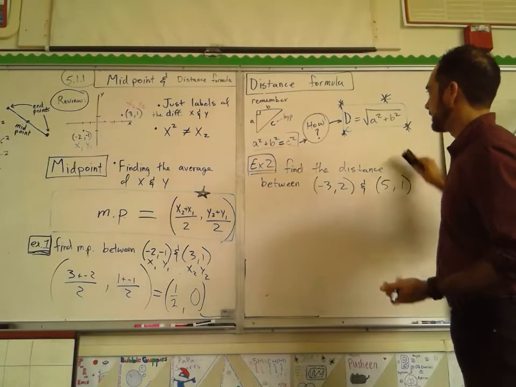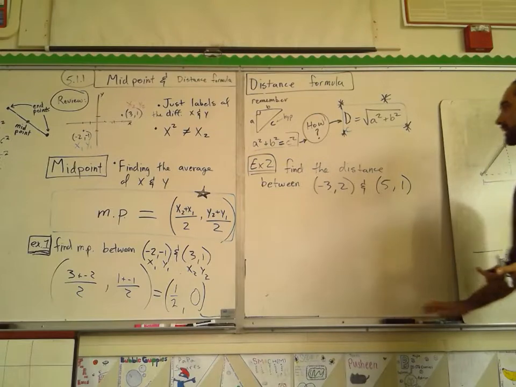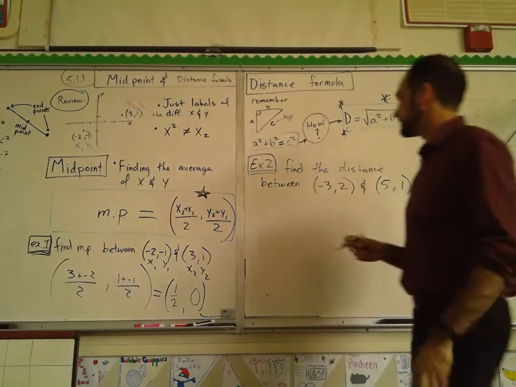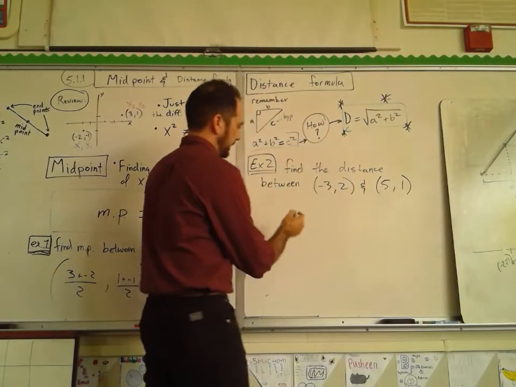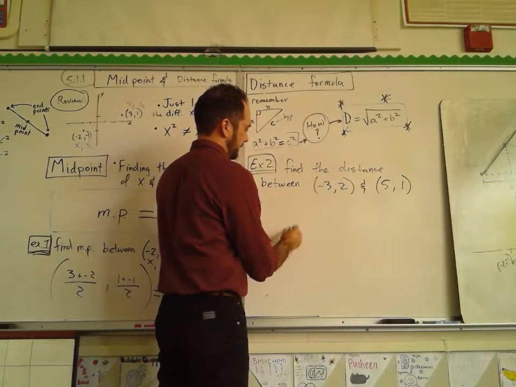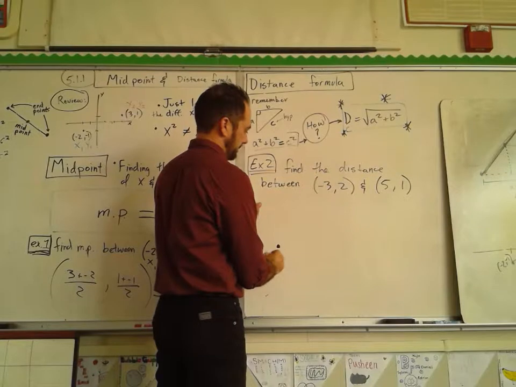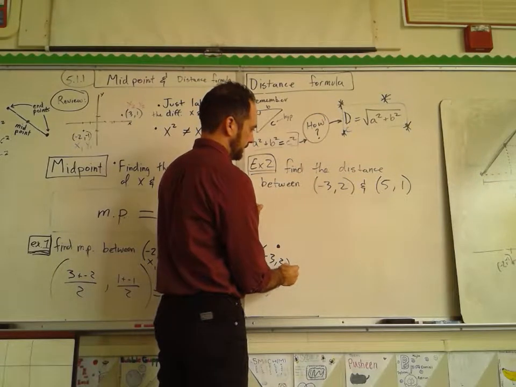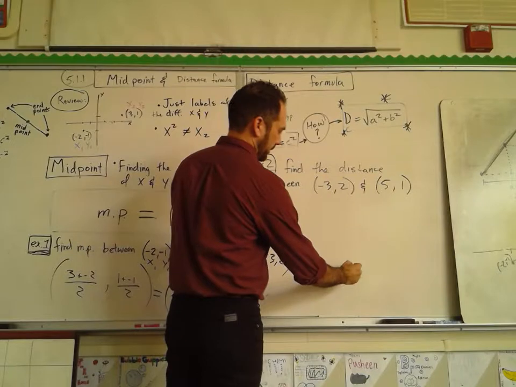Now, this is going to be pretty straightforward as long as we can make our triangles out of any of these. So let's see. We have negative 3, 2, and 5, 1.